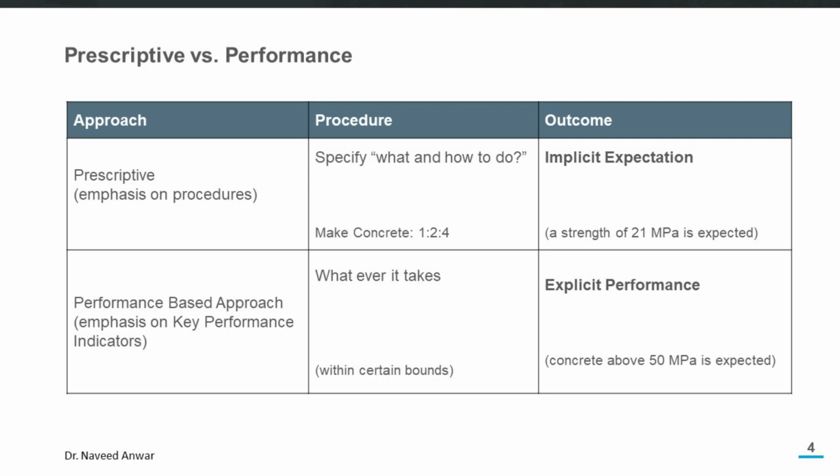But these days, as you know very well, when we specify concrete, we specify the strength. And we let the people who make the concrete deliver it of that strength. For example, we say we need a strength of 50 MPa.